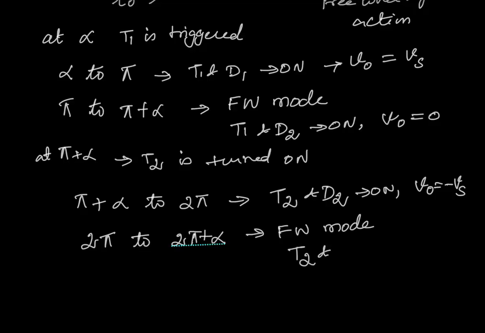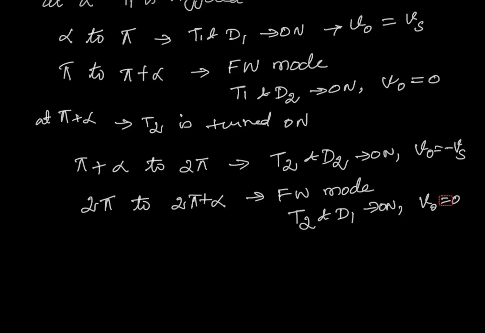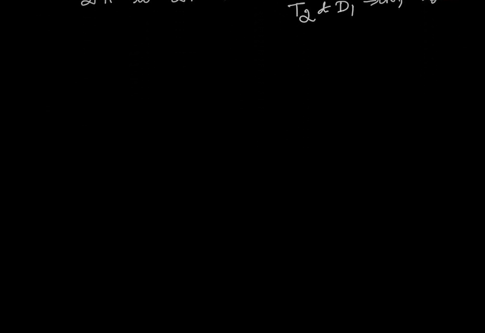T2 and D1 will be in on condition, constituting the freewheeling path for the load current. So V0 will again be equal to 0. This is the case for V0. Hence, we can draw the output waveforms.